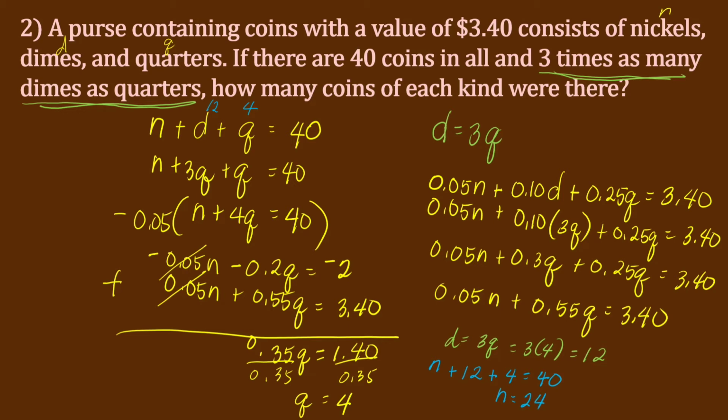Okay? We can write our final answers as there are 4 quarters, 12 dimes, and 24 nickels.